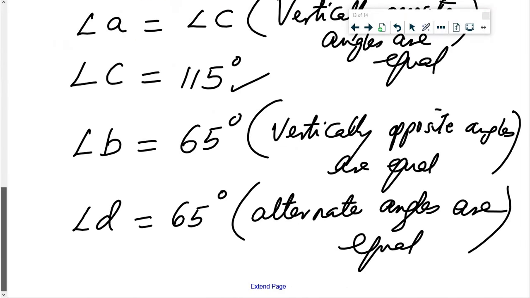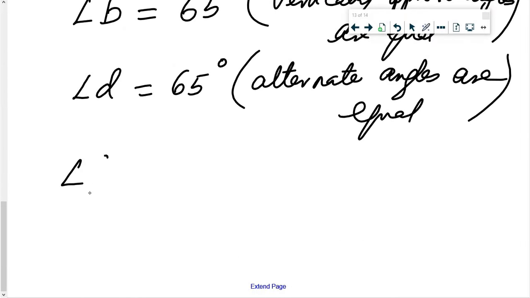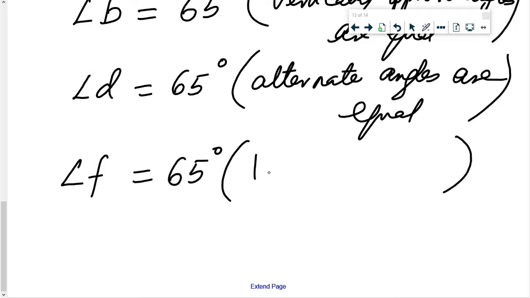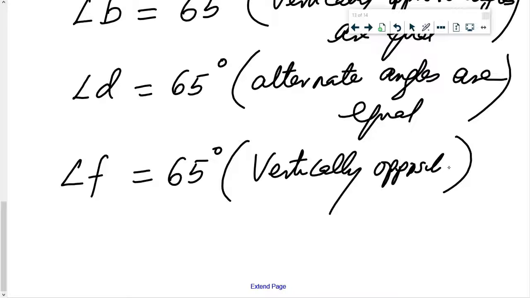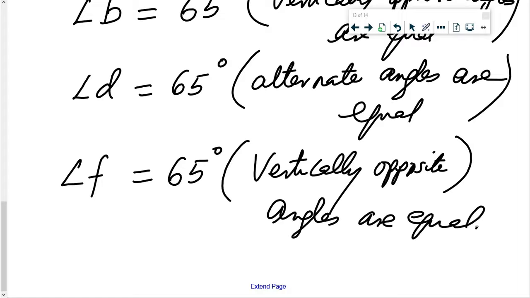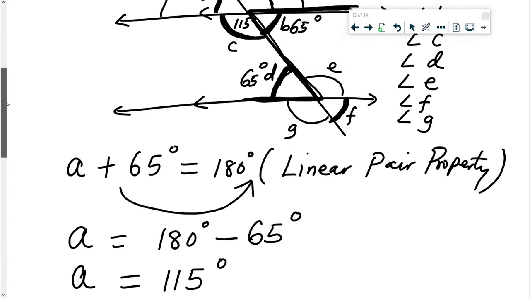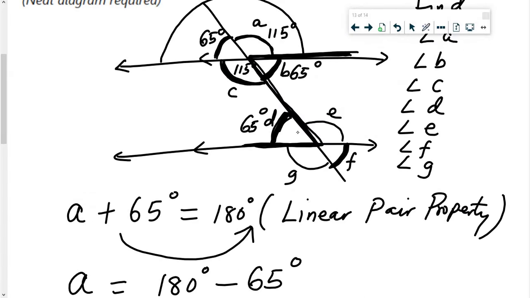So angle F will be equal to 65 degrees. Reason, vertically opposite angles are equal. So we are done. Here, 65, even this will be 65 degrees.